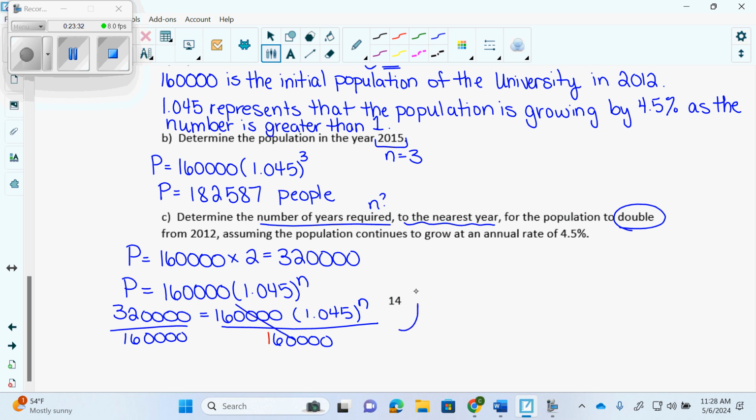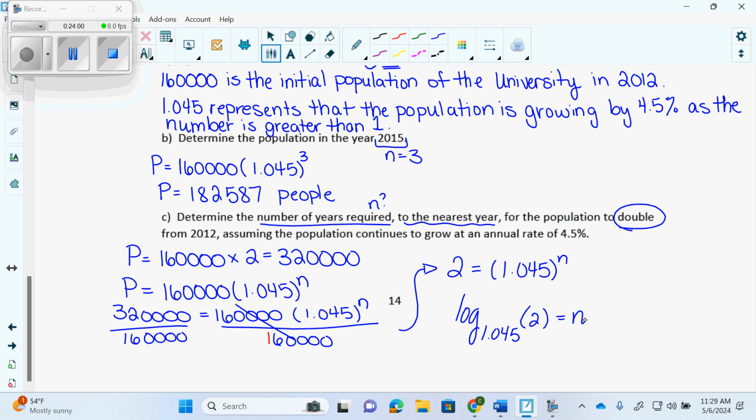So now I have, technically, 2 equals 1.045 to the N. I know I didn't write a sentence in the last one. It's making me die inside a little bit. We don't have time. But we have those write sentences. And now can I convert it to a log? Yes. What's the base of my log? The base of my exponent, which is 1.045. What needs to go beside it? 2. And what does it always equal?